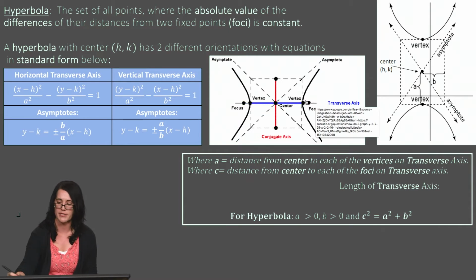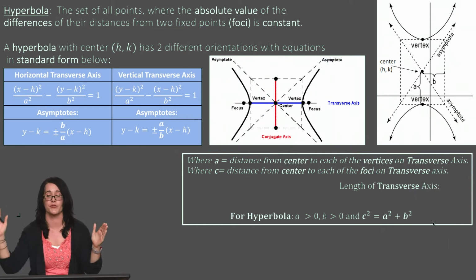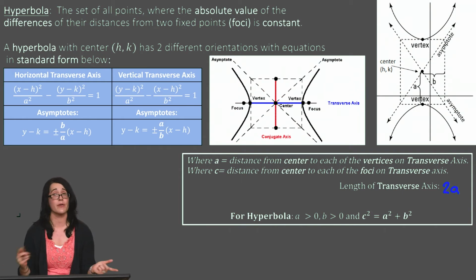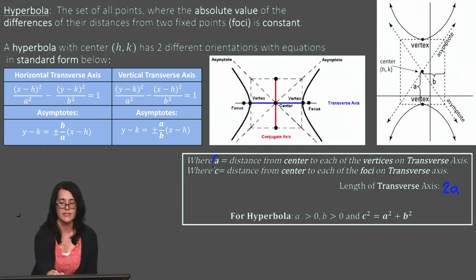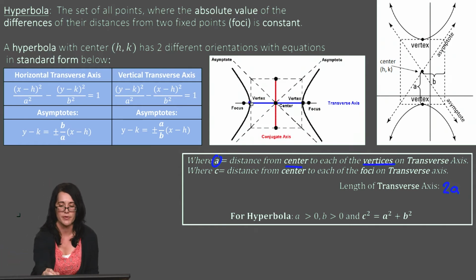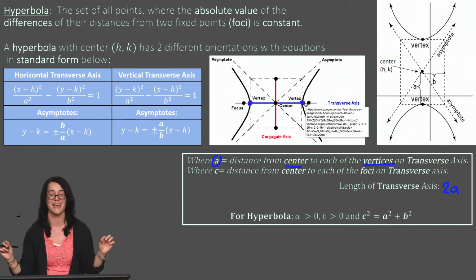So stopping at your vertices, it would have a total distance from one vertex to another, that is the distance of the transverse axis, of 2a. Where remember what a was, just like with ellipses? a was that distance from your center to each of the vertices on the transverse axis. So for example, here is one vertex, here is another vertex on the horizontal transverse axis.